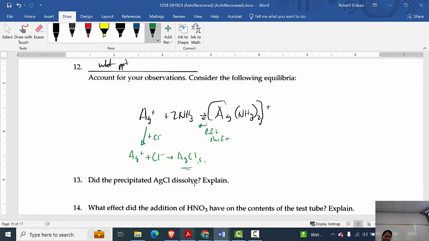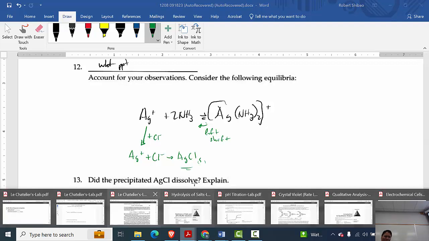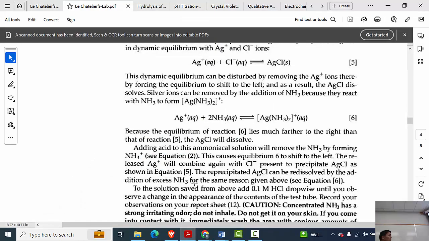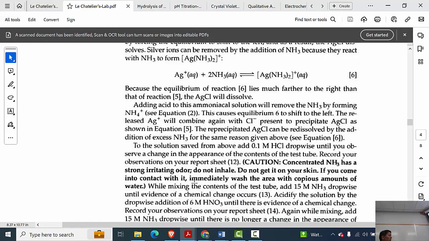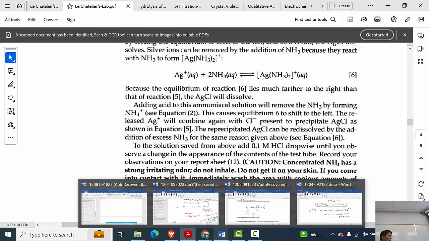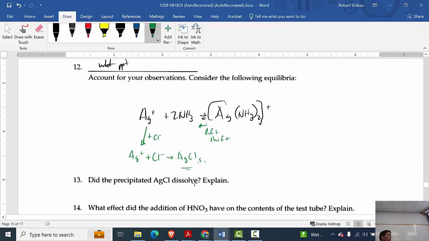13. Did the AgCl dissolve? Explain. So what are they asking at 13 here? While mixing the contents of the test tube, add 15 molar ammonia dropwise until evidence of chemical change occurs. And so what should have happened is this. If you add 15 molar ammonia, what do you expect? Well, if we add ammonia here, we expect it to shift to the right or shift to the left?